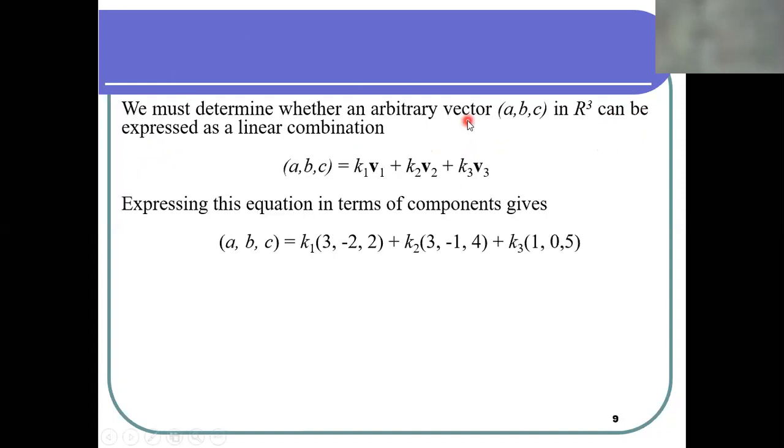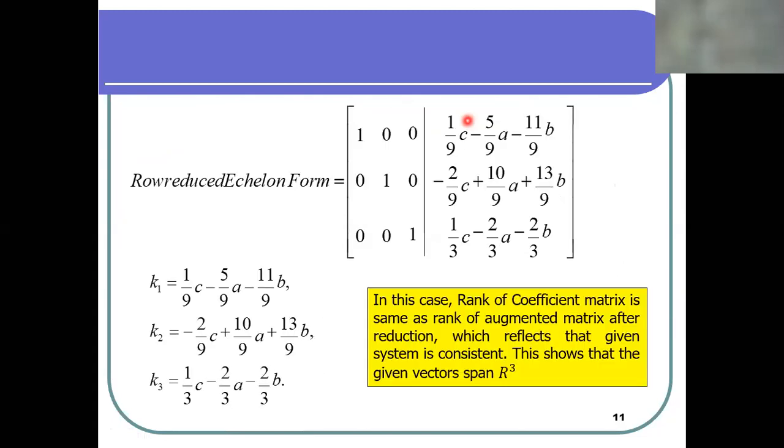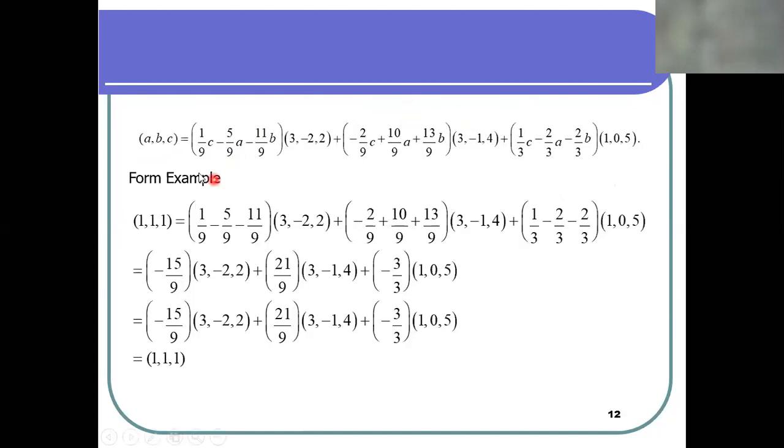Let me check whether any element of R cube can be generated through this linear combination or not. R cube means x, y, z. If you put any arbitrary element here, is the right hand side equivalent to that element or not? Let us say I take a1, b1, and c1.